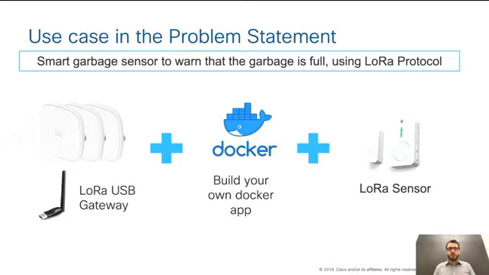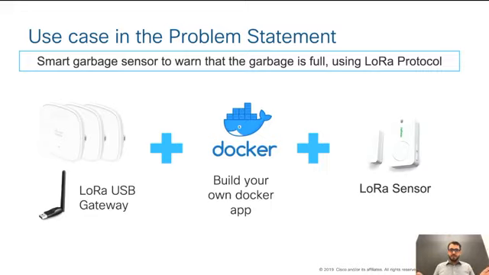That's where the Docker application comes in, and that's the main goal of the project: to build your Docker application. In Docker you can use any type of programming language, C, Python, anything that you are most comfortable with, to build this business logic between the gateway and the sensor.